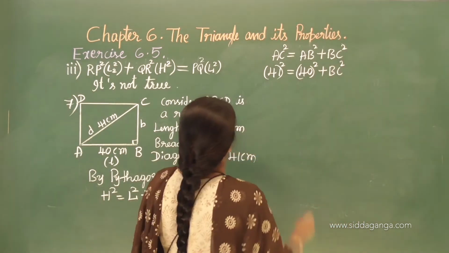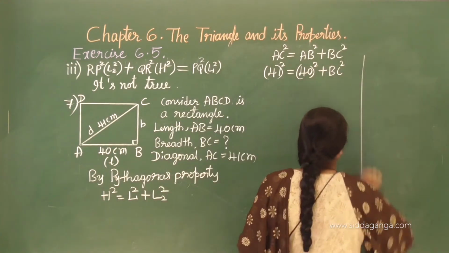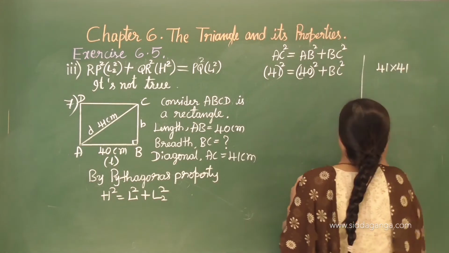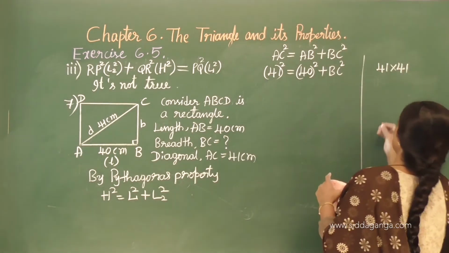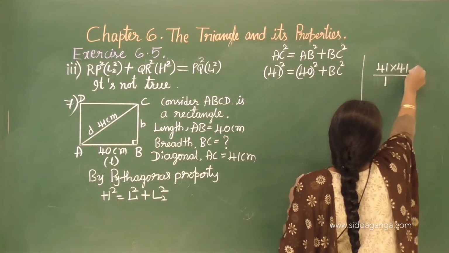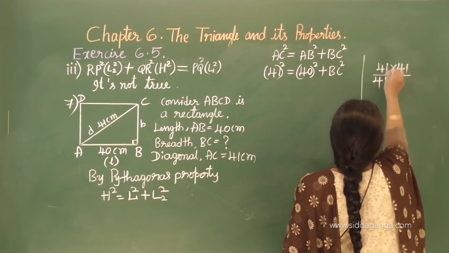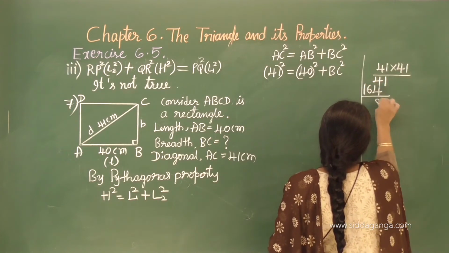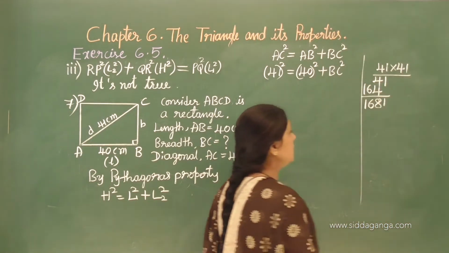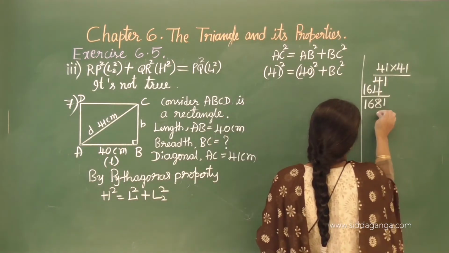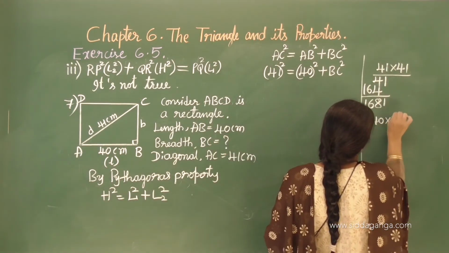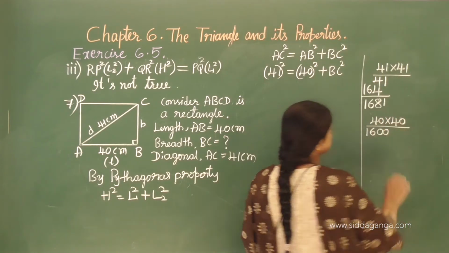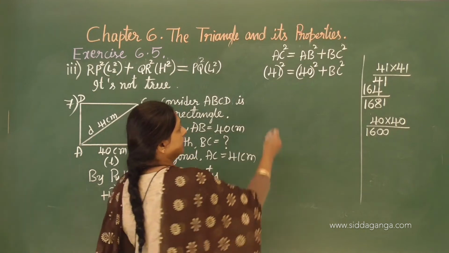Okay, 41 square, that is 41 into 41. 1 ones are 1, 1 fours are 4, 4 ones are 4, 4 fours are 16, then it is 1681. 40 into 40, 4 fours are 16, keep 2 zeros, it is 1600.